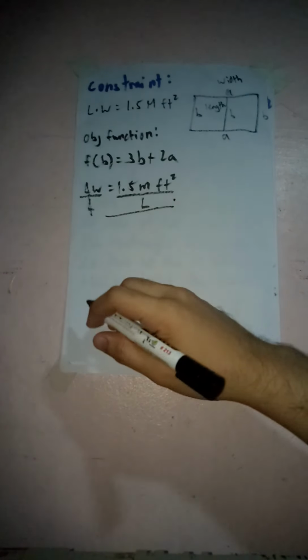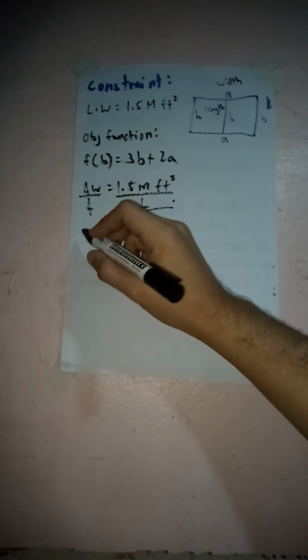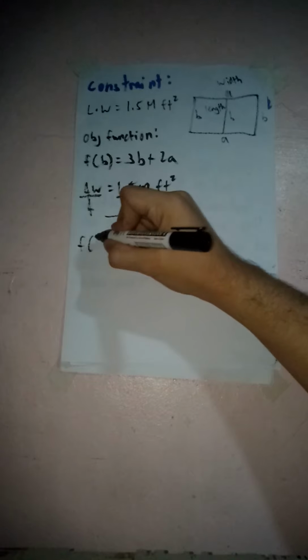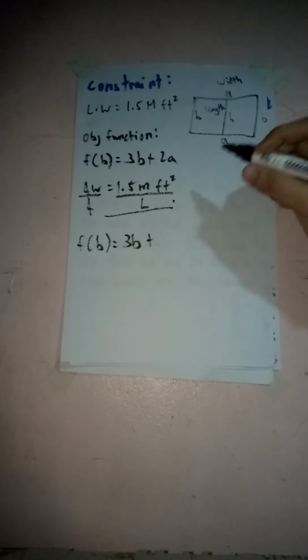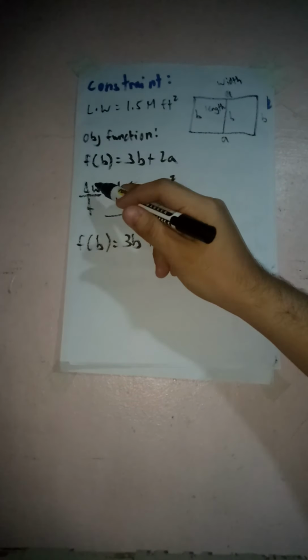Next we are going to substitute this to the objective function. So let us write it down here. F of b equals 3b plus this 2a, because this would be our a.